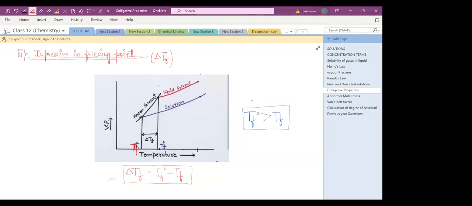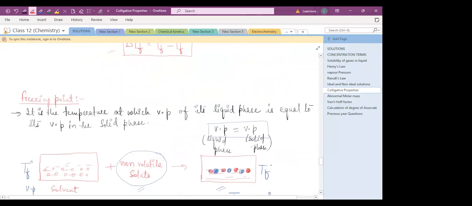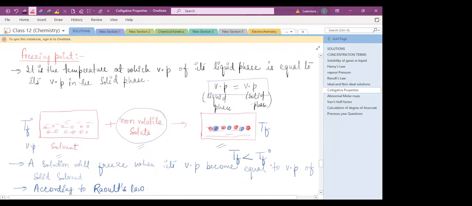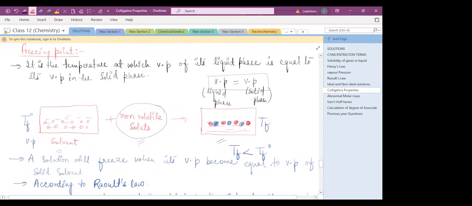Have you drawn the graph? Yes, ma'am. Okay. No writing. Ma'am, can you please check the chat box?